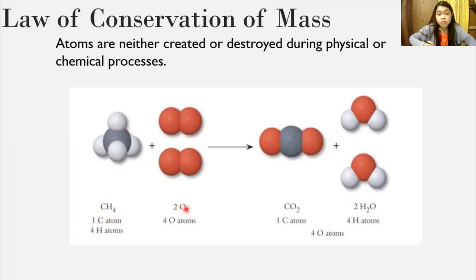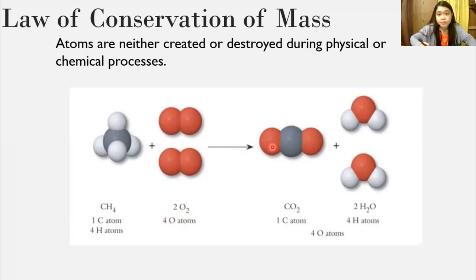And then it reacts with oxygen gas. We know that in oxygen gas, we already have 2 atoms per molecule. Then to balance the reaction, we need 2 moles of those oxygen molecules. So the total is that we have 4 oxygen atoms in total.